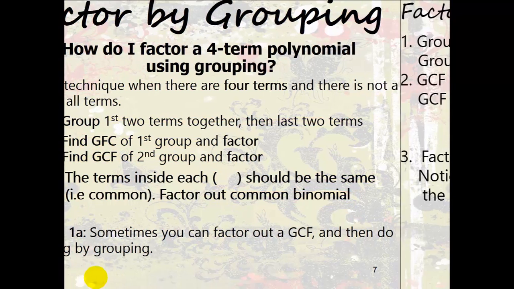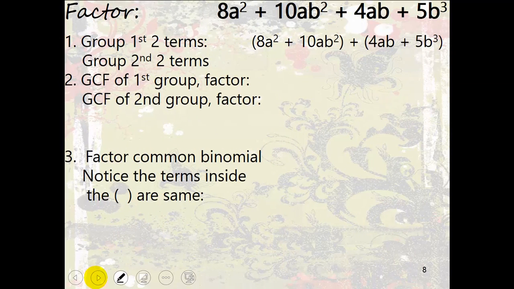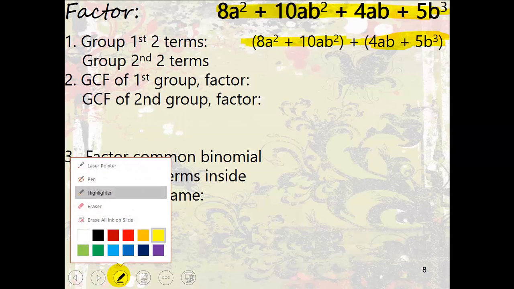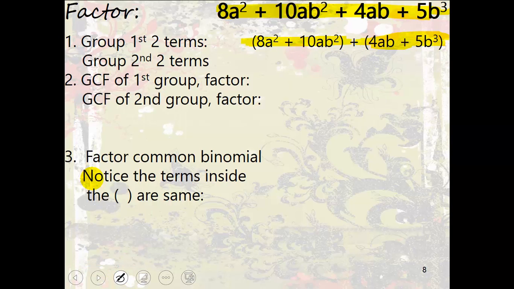Let's start off easy. We have these four terms that we want to factor. The first thing we're going to do is group terms 1 and 2, and then group terms 3 and 4. Now we're going to factor out the greatest common factor between 8a squared and 10ab squared, and that is 2a.